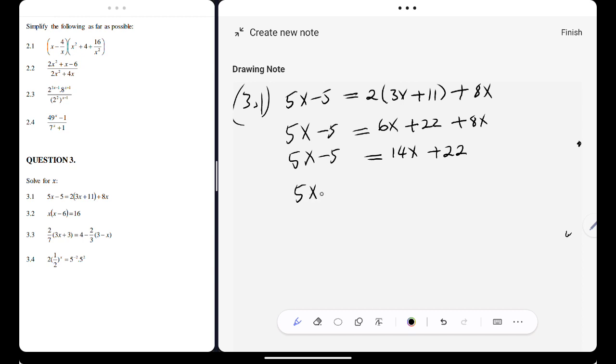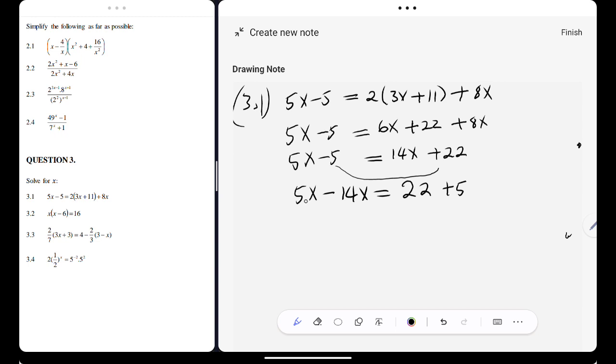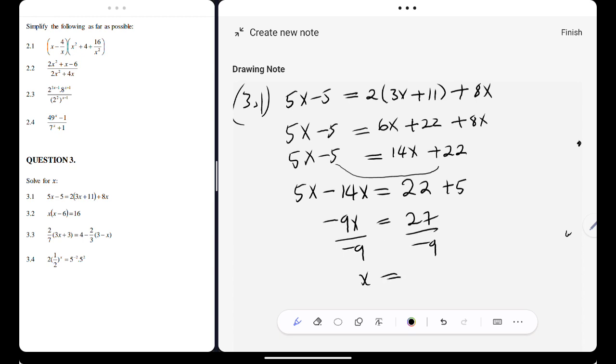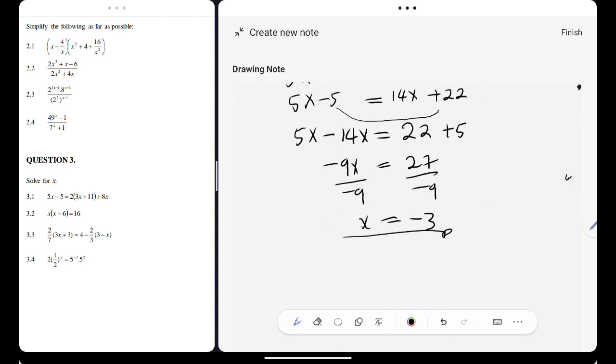So I'll have 5x minus 14x, because when this thing jumps to the equal sign it becomes negative. On the right hand side I'll be left with 22 plus 5, because when the negative 5 goes to the other side, it changes the sign. Okay, 5x minus 14x will give me a negative 9x. This will give me 27. If I divide both sides by a negative 9, I'll be left with x is equal to negative 3. Altogether.